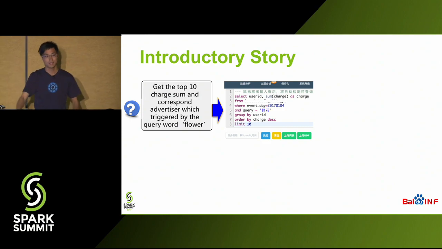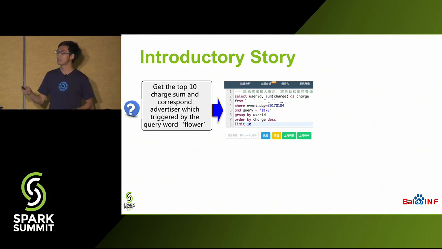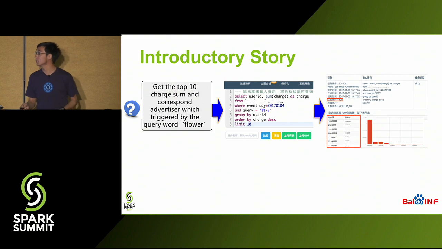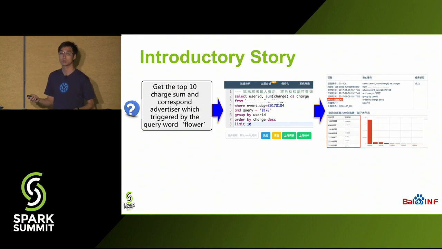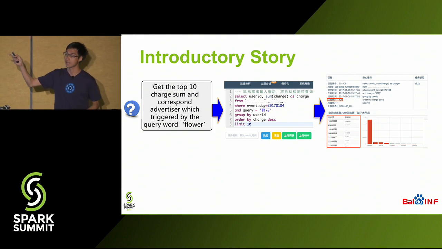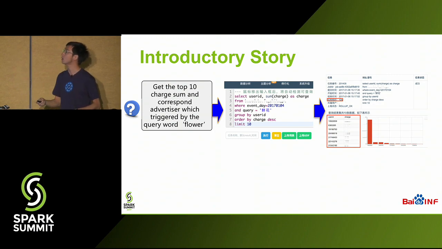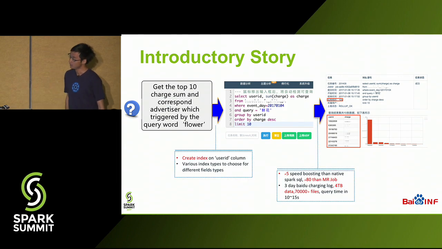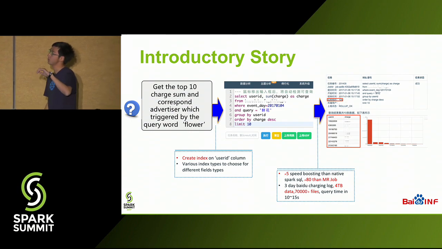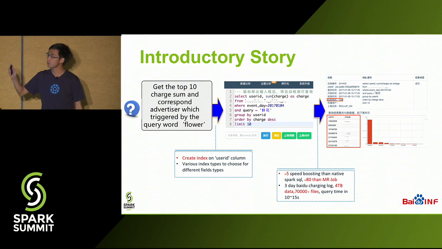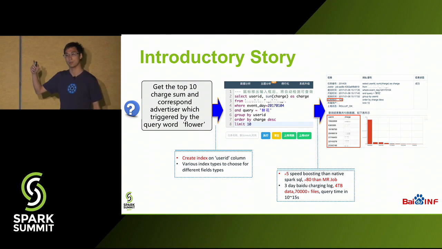So you can write a SQL query on our website and just click a button, and in this case, after about 12 seconds, you can see the result of the top 10 advertisers, and also a simple visualization chart. It's one kind of magic, right? So in the whole plan, we can find that we first build the index before the user creates the search.